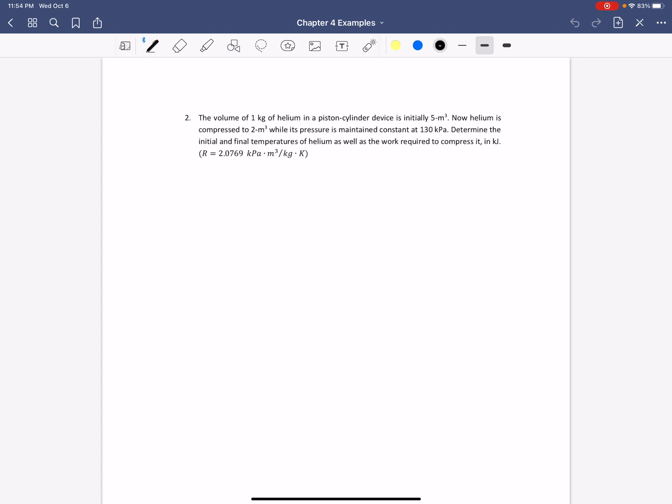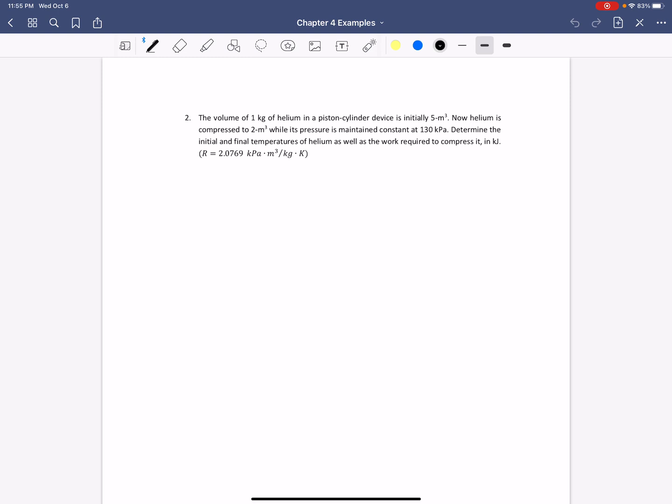Okay, then once we make this assumption that helium is an ideal gas, now the volume of 1 kilogram means they are giving us the mass 1 kilogram, and then they are giving us the volume as 5 meter cube. It is compressed means there is a boundary work being done, and it is being compressed to 2 meter cube.